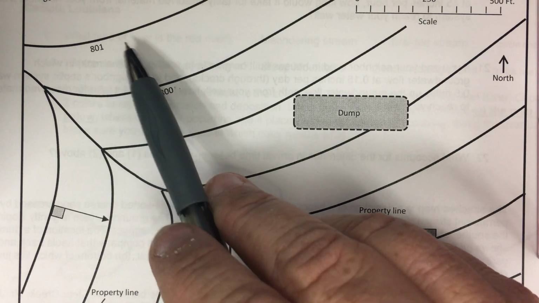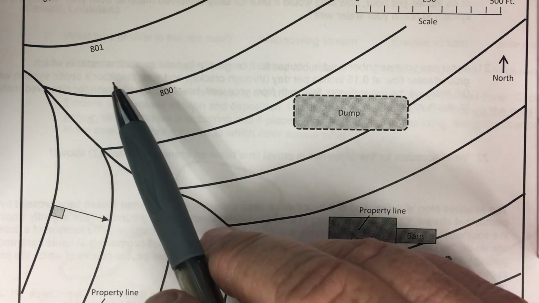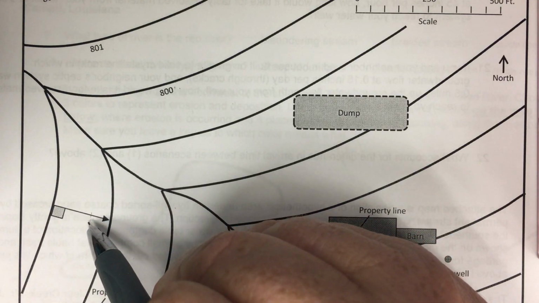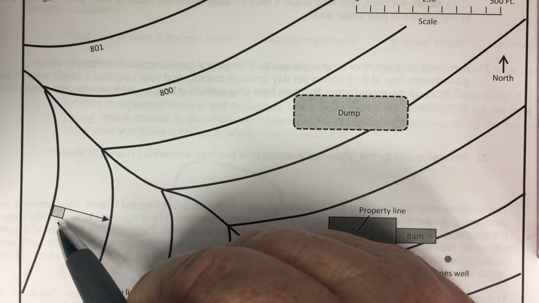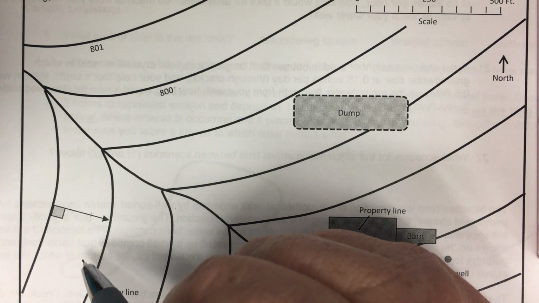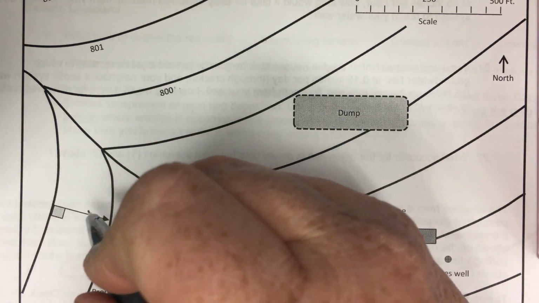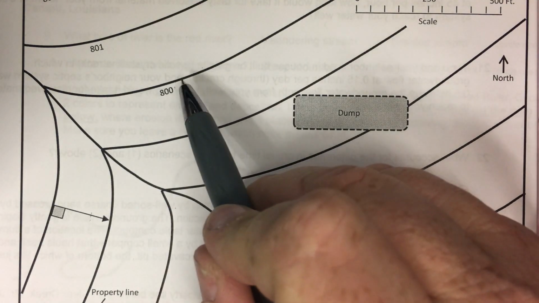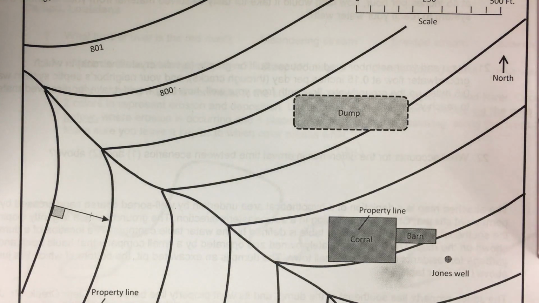But in what direction? Is it going this way? Is it going that way? The way to figure that out is by making these flow lines. So this one is drawn on your lab for you, and you've got a little square here, and that square is indicating a right angle. And so when we draw these, we want them at right angles to the contour, because water flows downhill essentially at a right angle to the slope.